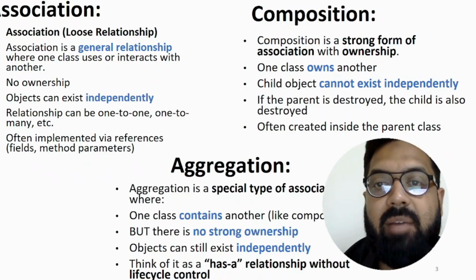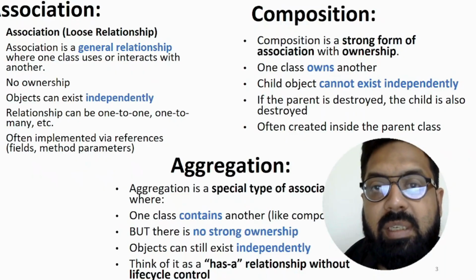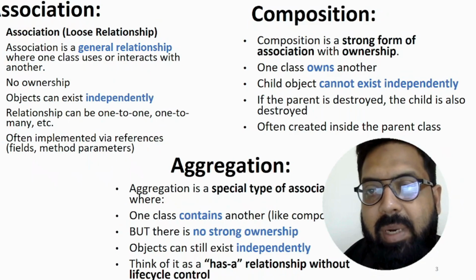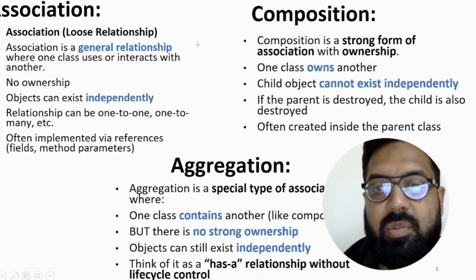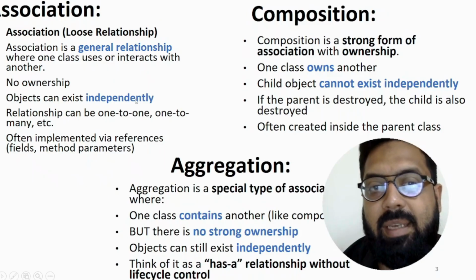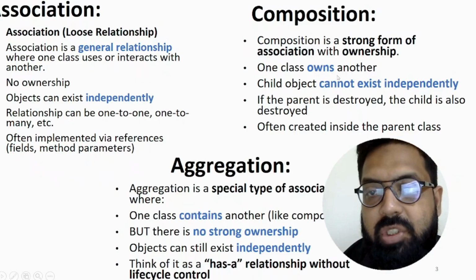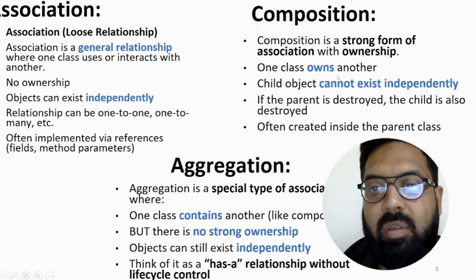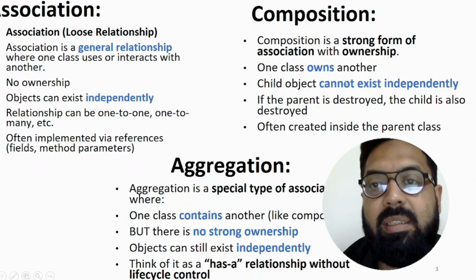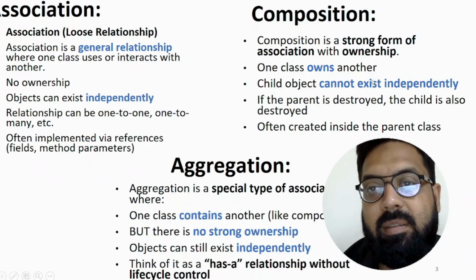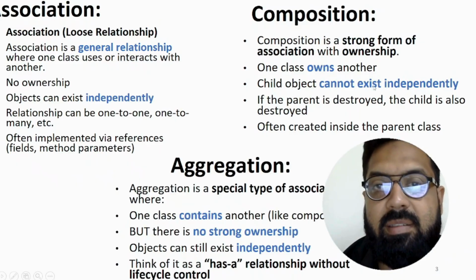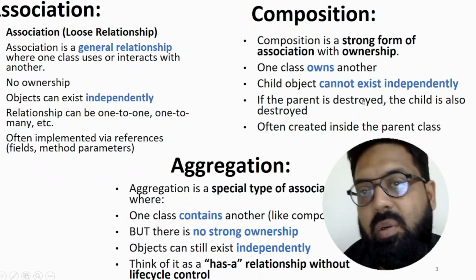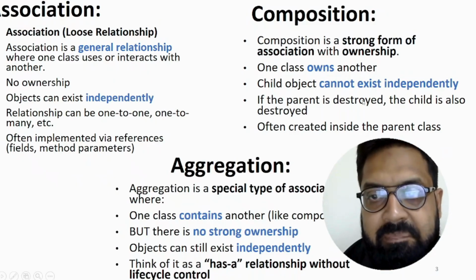It means the child object cannot exist independently, while in association and aggregation the child class exists independently. So composition is a strong type of relationship. One class cannot exist independently, meaning if we delete one class, then the remaining class is also deleted, and it does not exist independently.